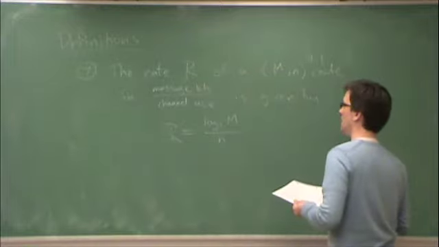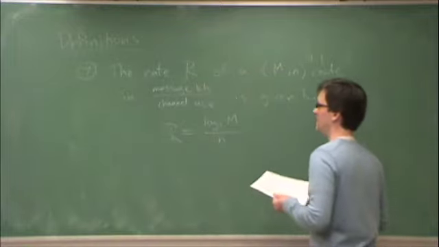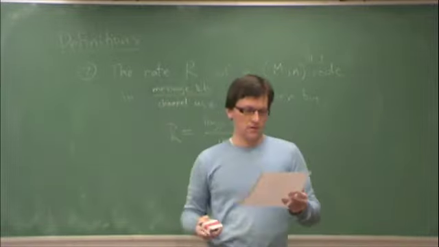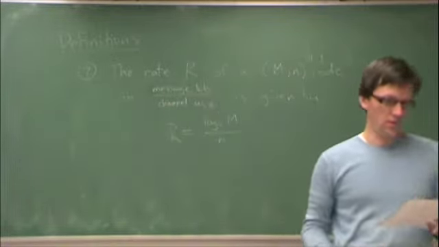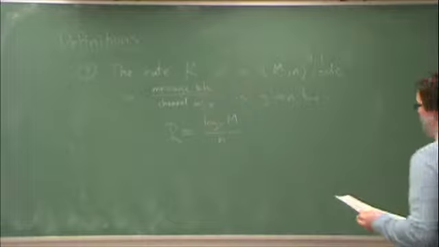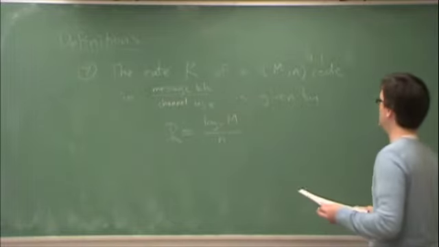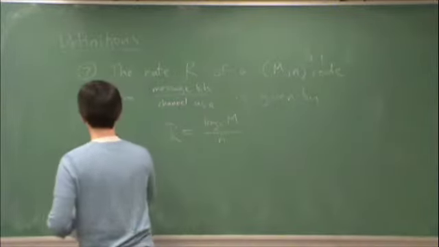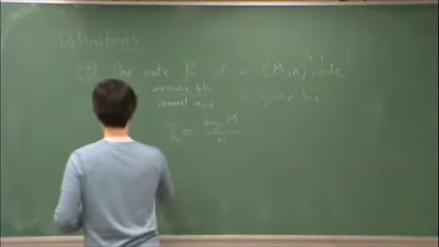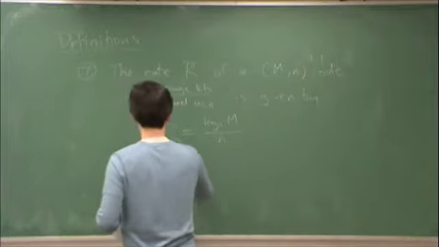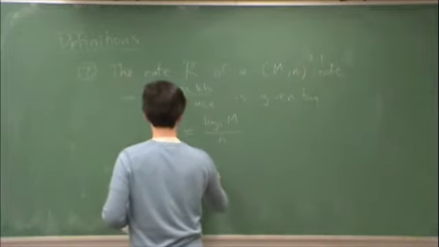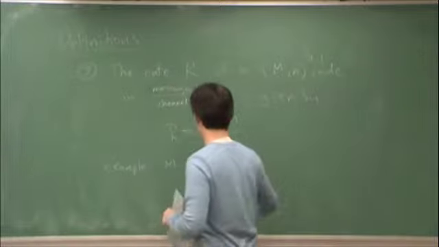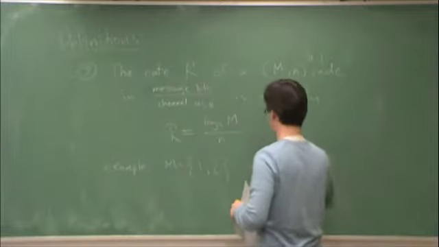Okay. Now the rate, we can calculate. The rates of codes. Let's go back to the example I had a second ago. In my example, M was 1, 2, and N was 4.